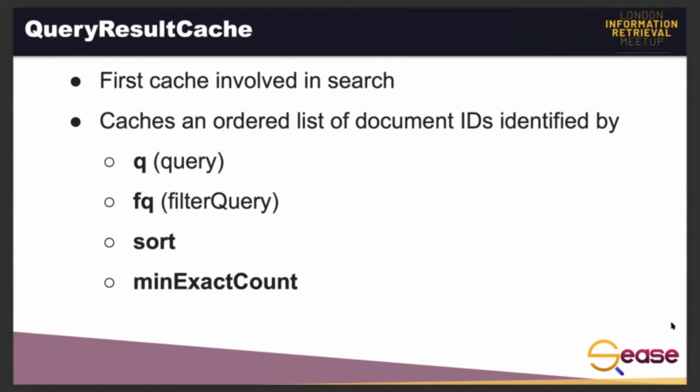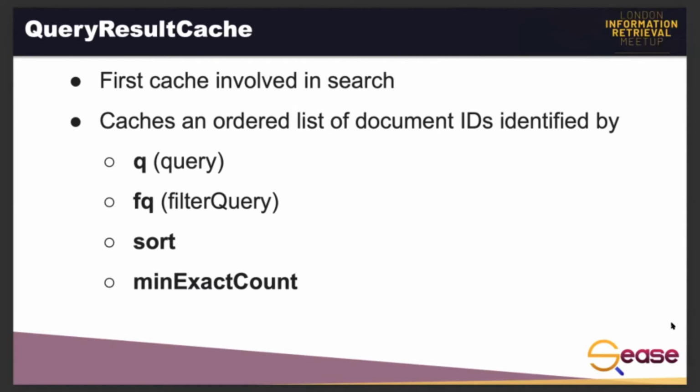We have the query, which is what the client is looking for. The filter query is a clause, a condition that allows us to filter some documents. The sort, I don't think it needs more explanation.